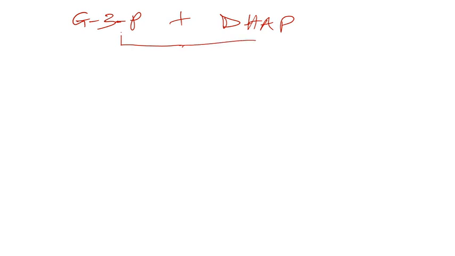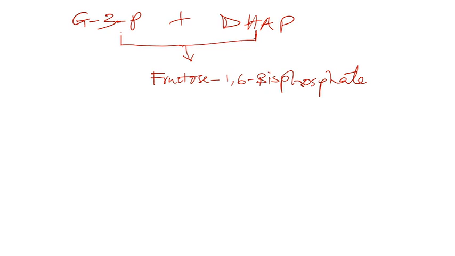So we are saying glyceraldehyde 3-phosphate plus dihydroxyacetone phosphate, the two will combine to form fructose 1,6-bisphosphate. Fructose 1,6-bisphosphate.